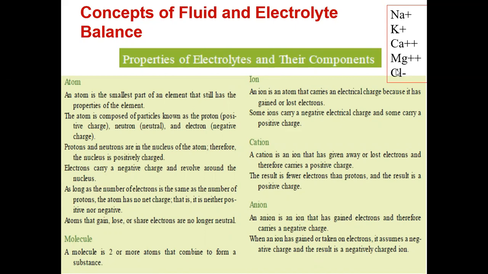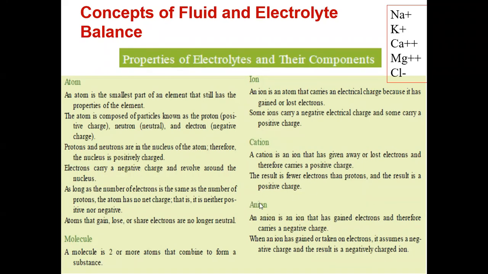Chloride contains an outer layer that is negatively charged, and this is an anion. But sodium, potassium, calcium, magnesium contain a positive charge, so they are cations.